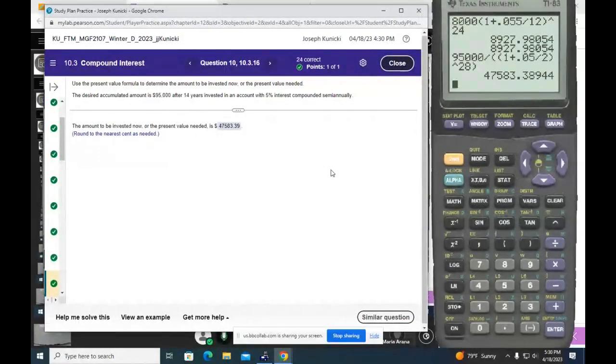Okay, so you can see, if I know I want 95 grand and I got 14 years to do it and I know I'm getting 5%, what do I need today? So I get together $47,500, put it in an account and just leave it there, and then I'll have that much money if I want to wait 14 years.